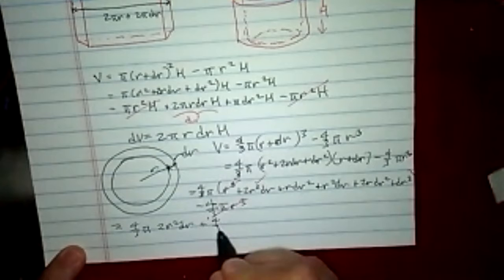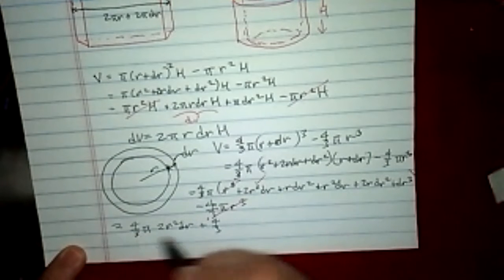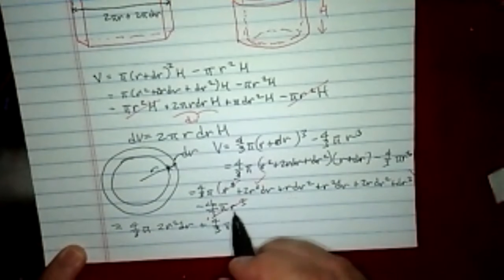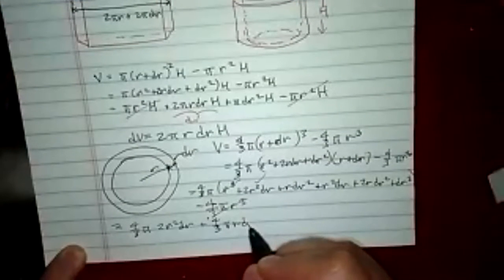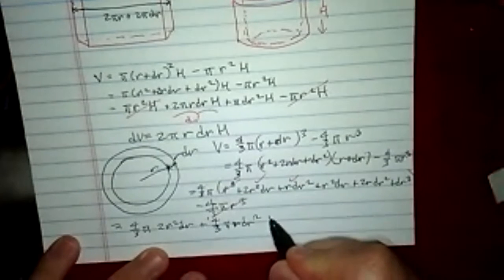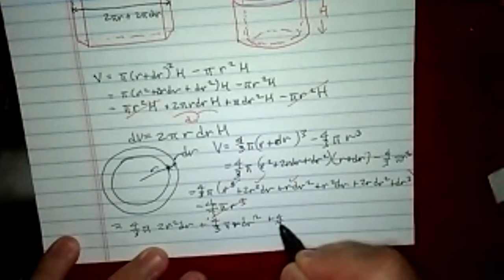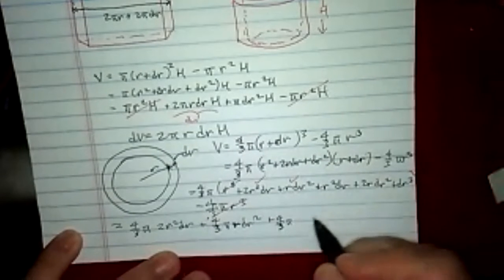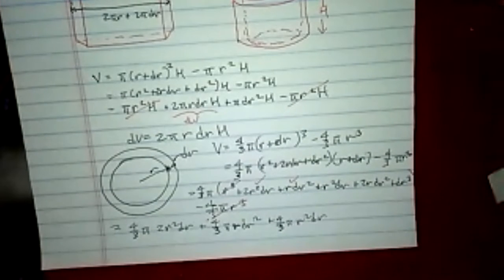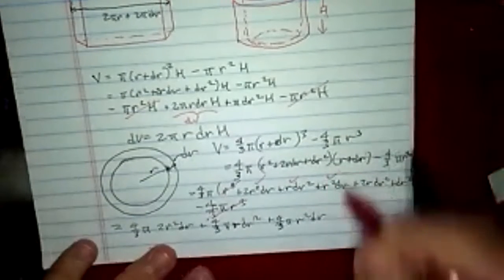Plus 4/3 pi times r dr squared. That takes care of that term. Plus 4/3 pi r squared dr. That takes care of that term.